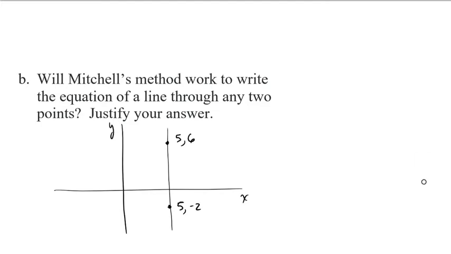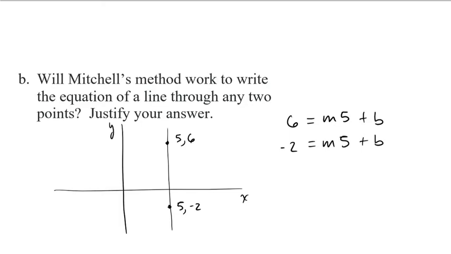So if I wrote the equation of the line, I would write y is equal to m times x plus b, and the other equation is going to be y is equal to m times x plus b. Oh yeah, I see what will happen.